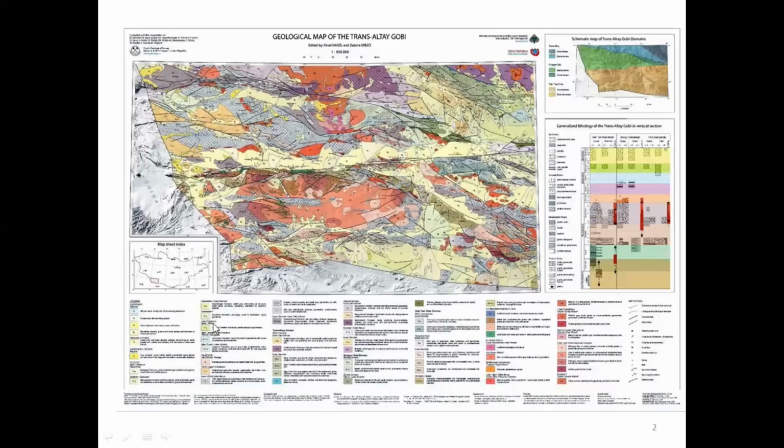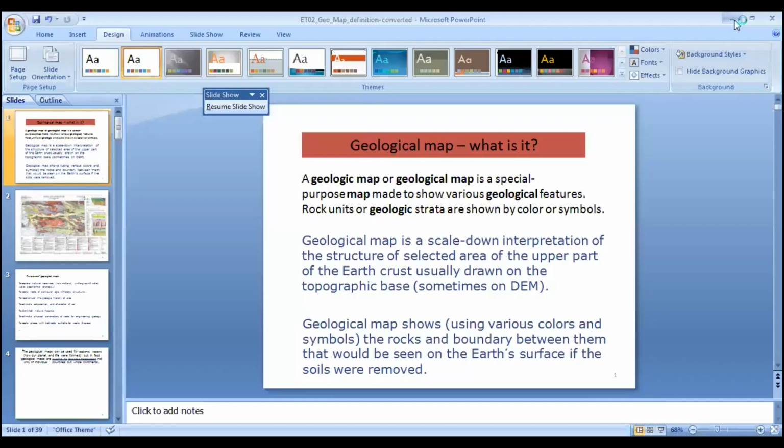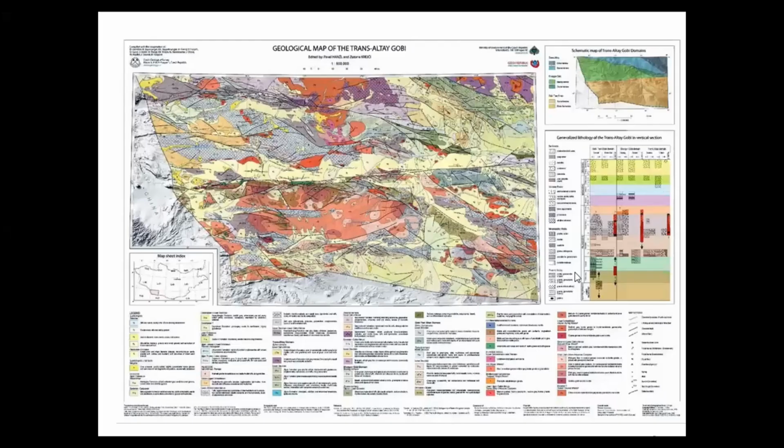Here they have given each unit a different color and also a different symbol. For example, if a formation is of Tertiary age, they will give it a name starting with T. Similarly, if a rock belongs to a different era or a different time frame, then they give it a different symbol.